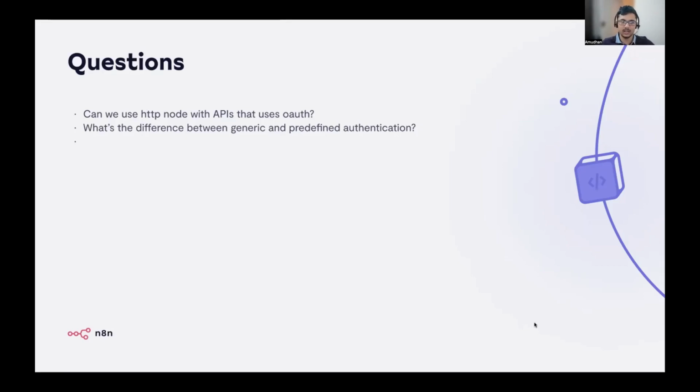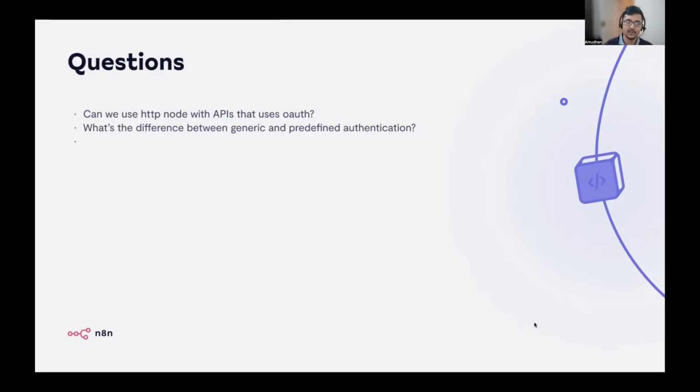It's quite clear. The next question I'm seeing is, what is the difference between generic and predefined authentication? Predefined authentication is a way for you to reuse saved credentials from existing nodes. In my example, I had a Mattermost node, but I also used the HTTP request node to make a request to the Mattermost API.